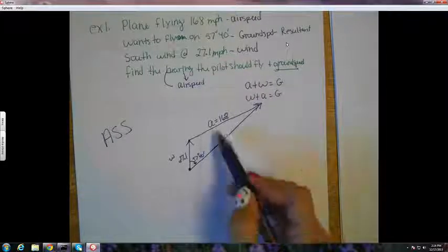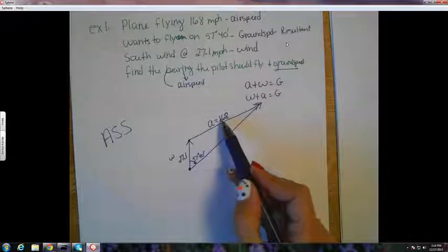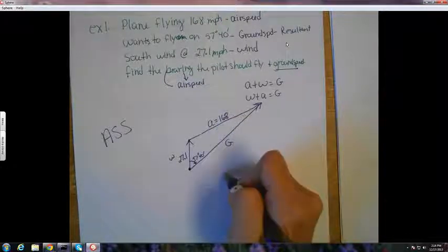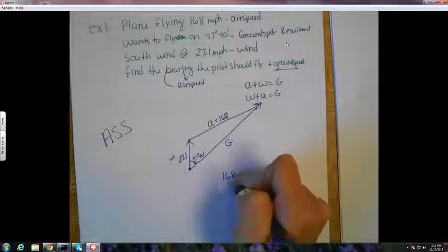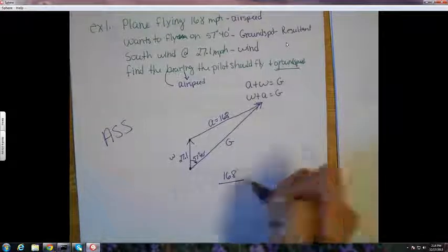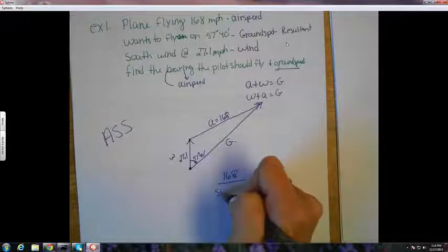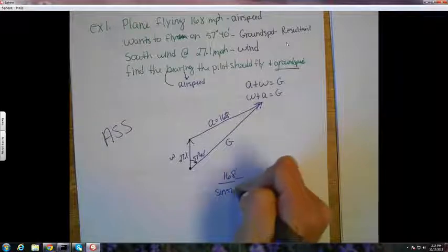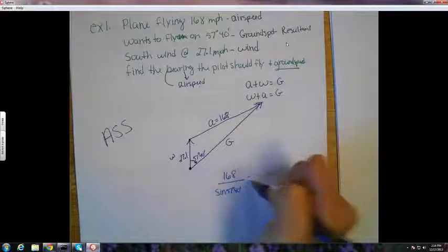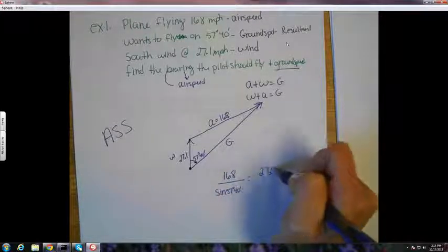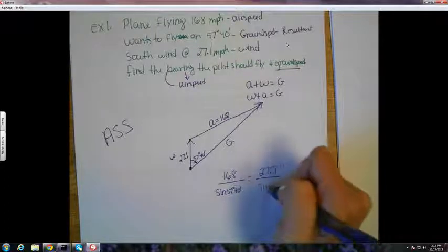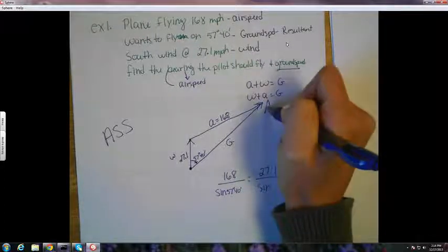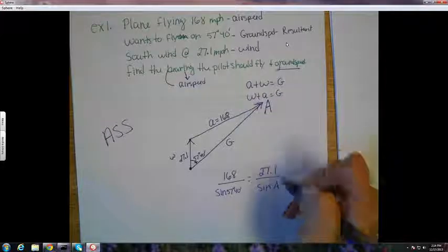So we're going to set up our proportions. 168 over sine of 57.40. Over sine of, we need a letter down there. Let's put an A down there. So go ahead and tell me what angle A is.